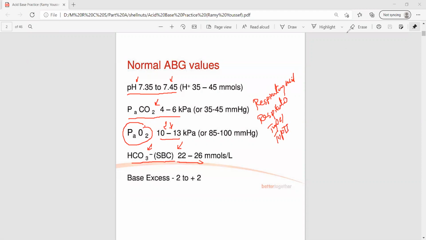So the O2, you will just need to determine the type of respiratory failure. Clear?